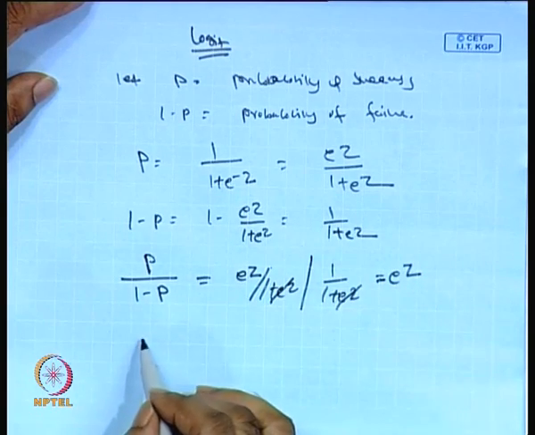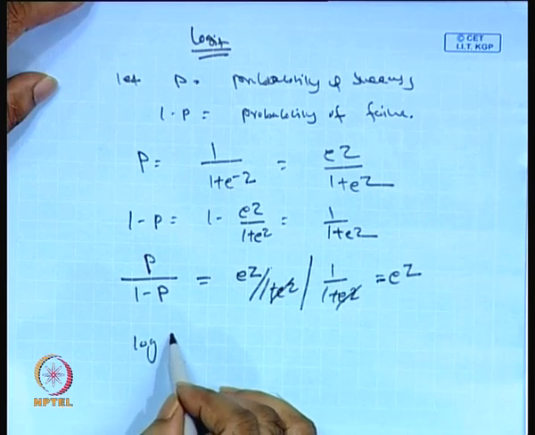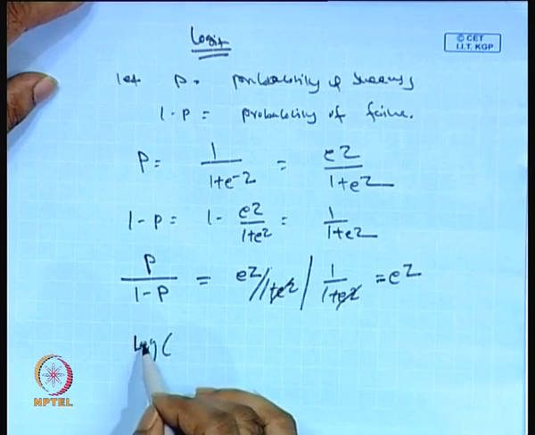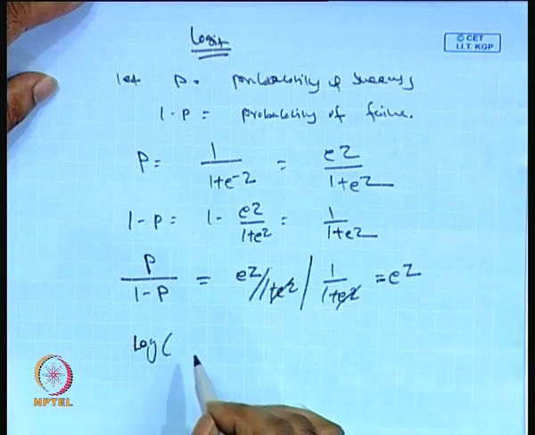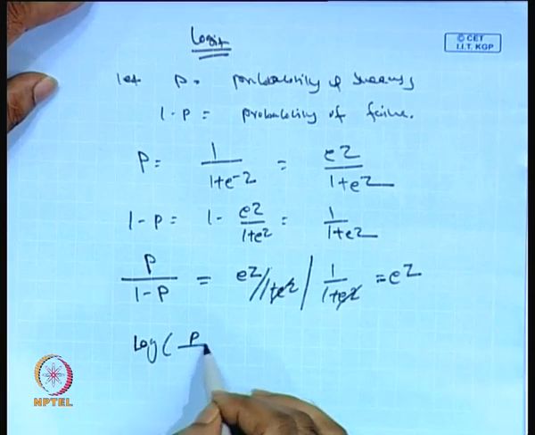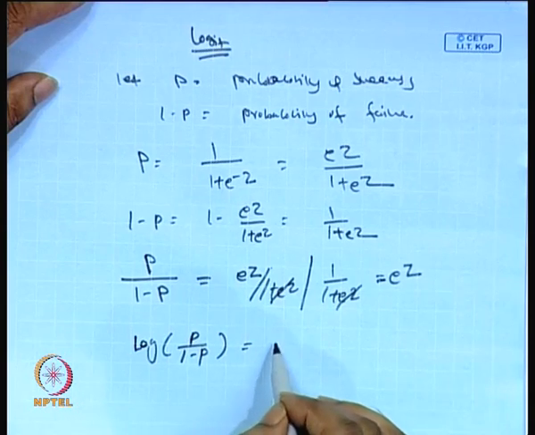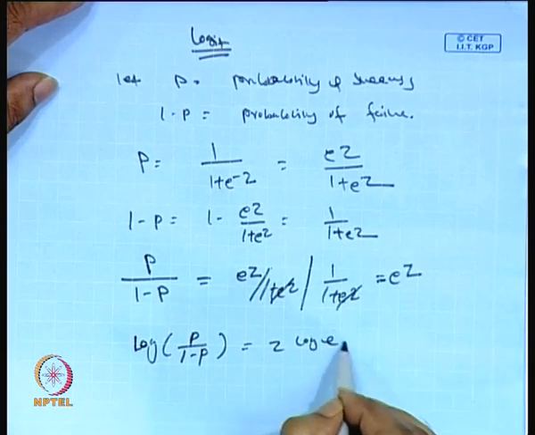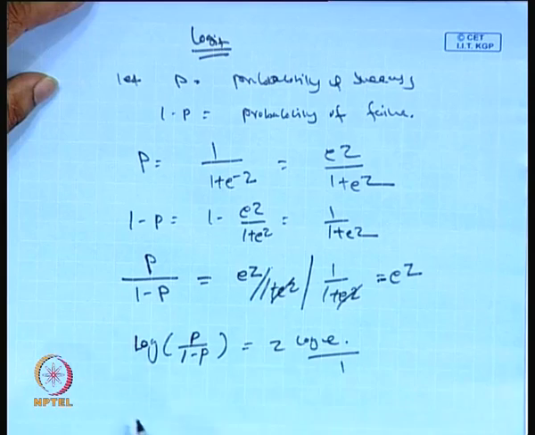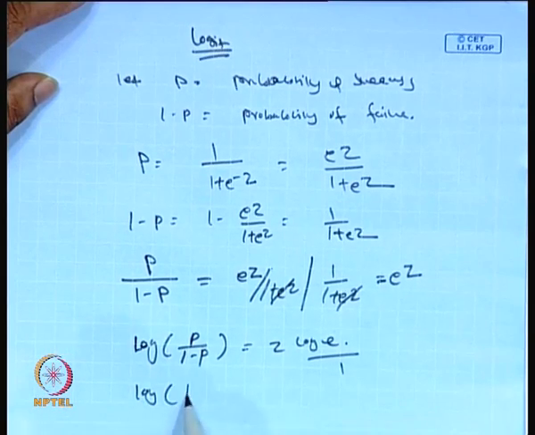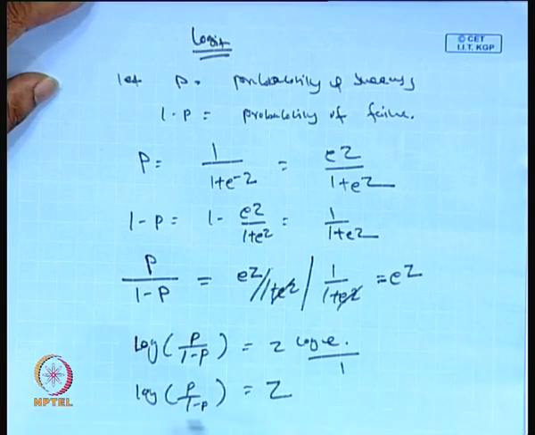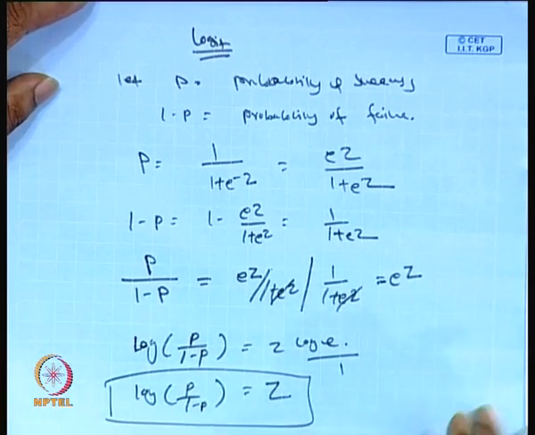Now we apply logarithm on both sides, and we get log of P by 1 minus P equal to z log e. Since log e is equal to 1, the model will be log of P by 1 minus P equal to z. This is how the logistic model works.